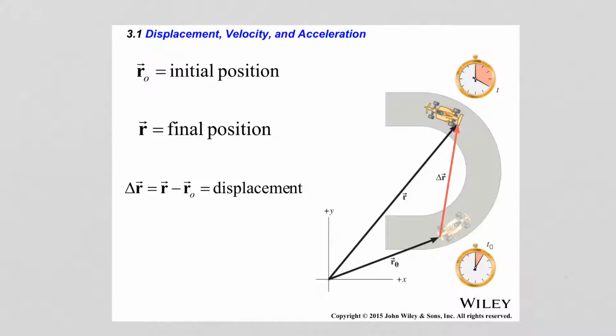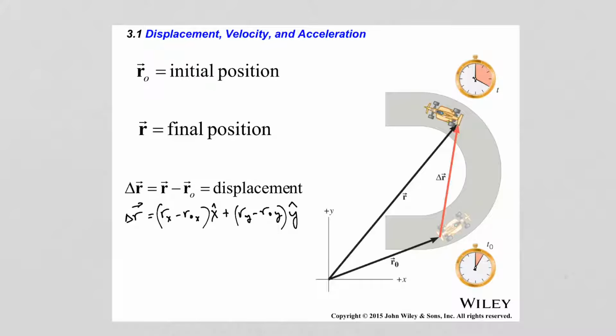And that displacement vector delta r will be equal to the difference between r and r0. But now remember that those are two-dimensional vectors. So when this difference is actually calculated, it will have to be done by components. So let's write down by components how this difference is calculated. For the resultant vector, the x component will be the x component of r minus the x component of r0.